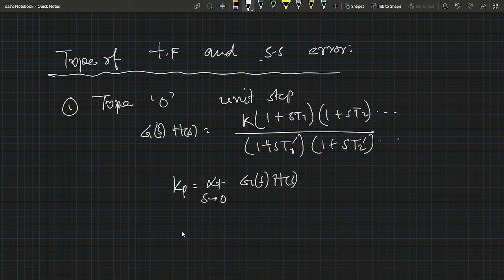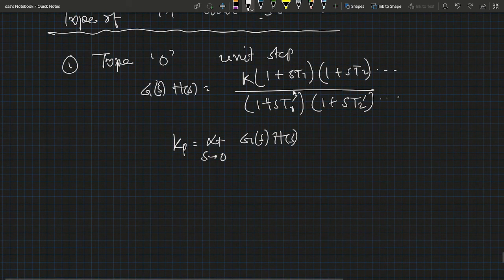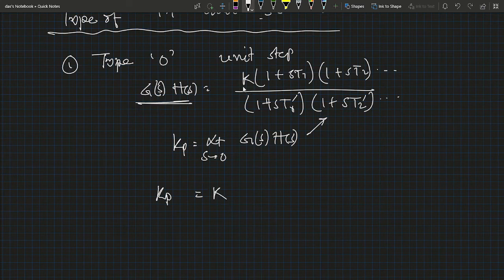Putting this limit value here, Kp is basically K, because if we put s equal to 0 in G(s) into H(s), only the K value is obtained.